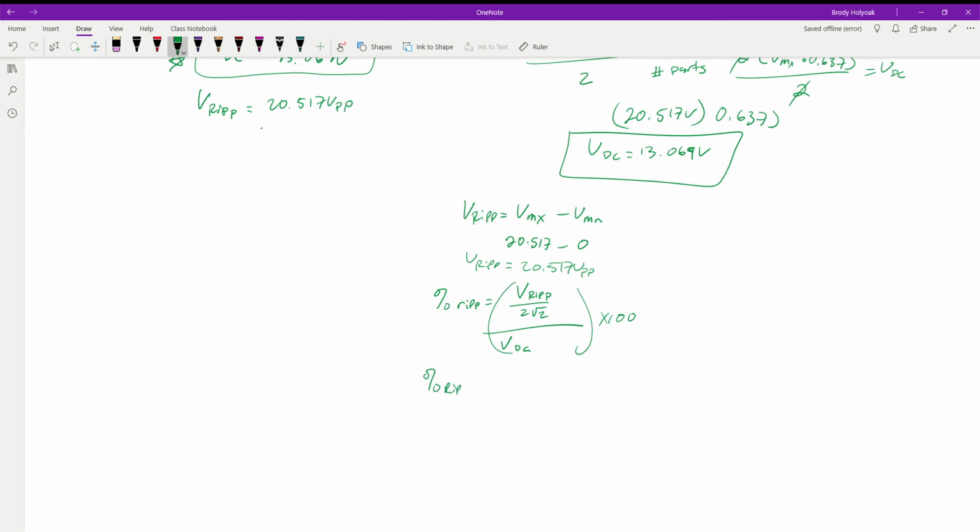So our percent ripple is equal to 20.517 volts peak to peak divided by 2 root 2, that whole quantity divided by 13.069, multiplied by 100.